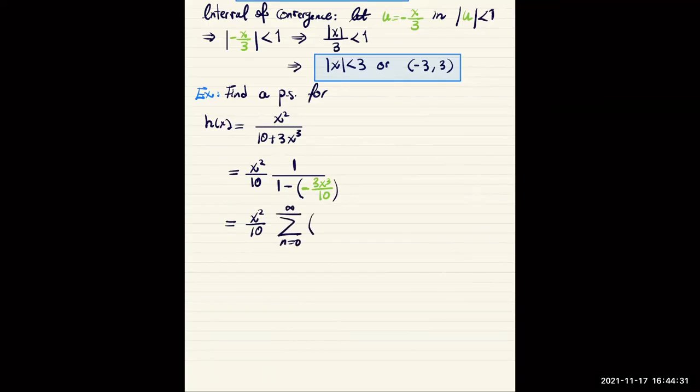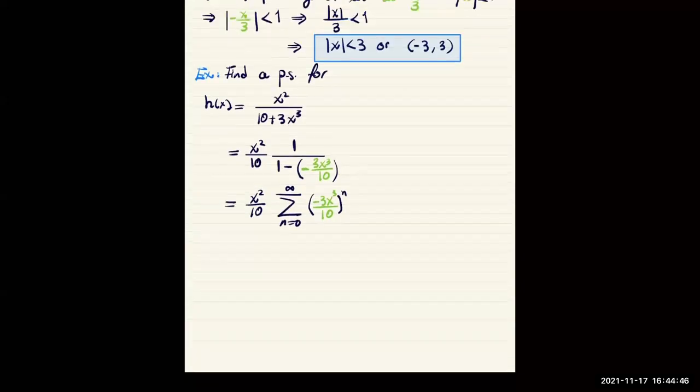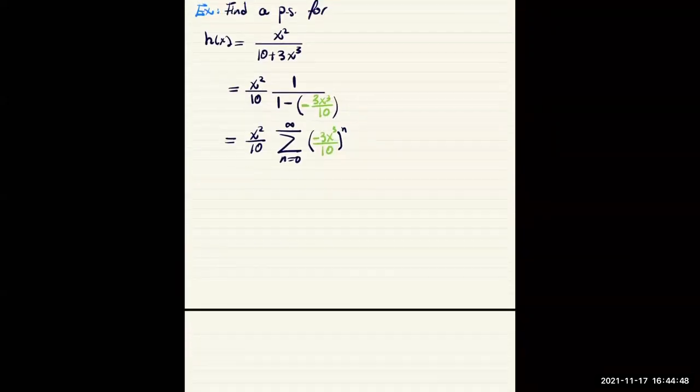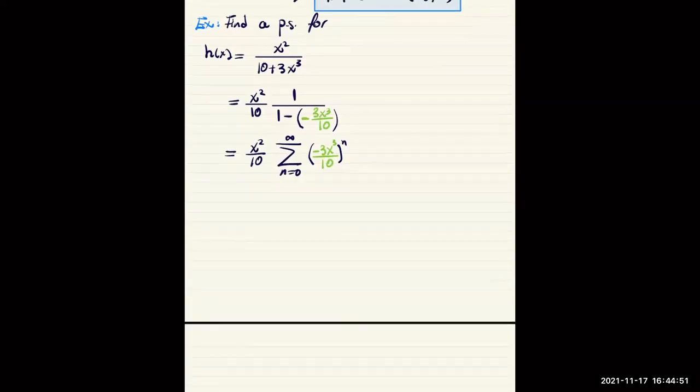So we're going to have u to the power of n. U here is again -3x cubed over 10. And again, we're going to take care of the interval of convergence in a little bit, but once more, distribute the power of n to every factor because we want to identify the coefficients.